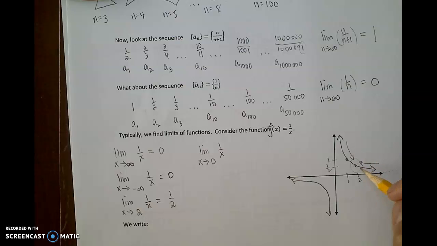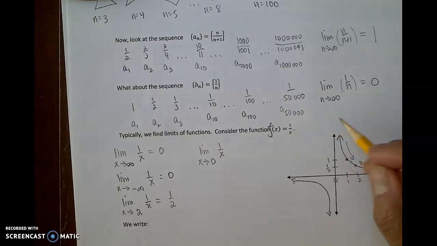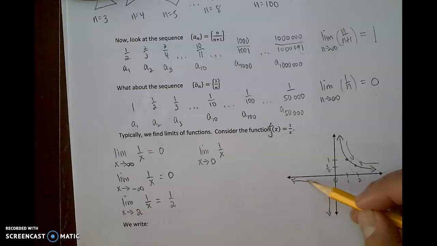You see that this part of the graph is approaching a 0 value of x from the right, so that's going to positive infinity. This part of the graph is approaching 0 from the left. However, its destination is negative infinity.